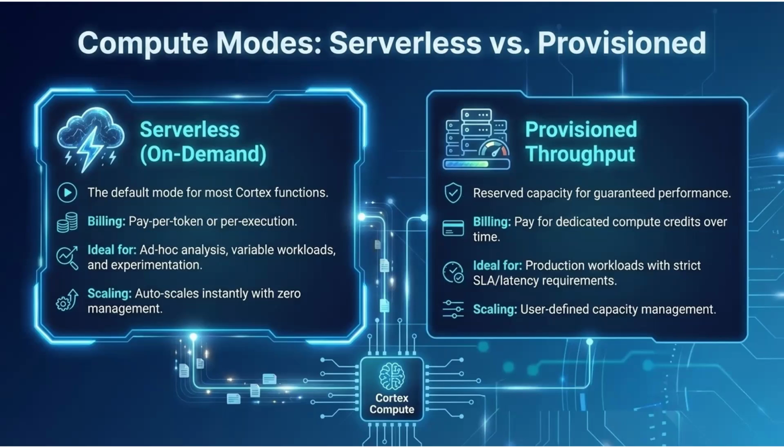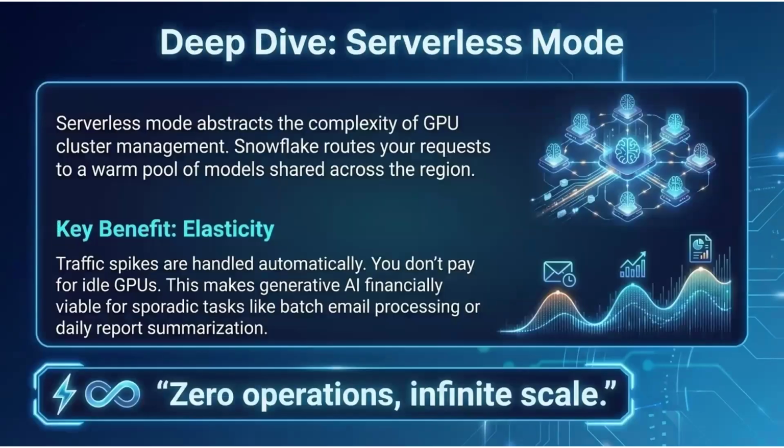So reserved capacity for guaranteed performance. That is the main benefit with provisioned throughput. You need to decide which one you want, because the prices also will vary according to your choice. Instant elasticity, because GPU cluster management is not easy.